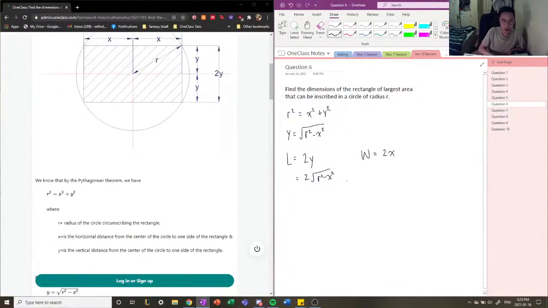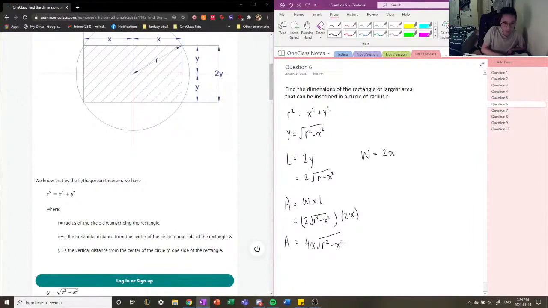Therefore, the area of the rectangle, what's the formula for the area of a rectangle, sorry, is going to be width times length. That's equal to 2 times the square root of r squared minus x squared, times 2x. If we simplify this, it would be 4x times the square root of r squared minus x squared.